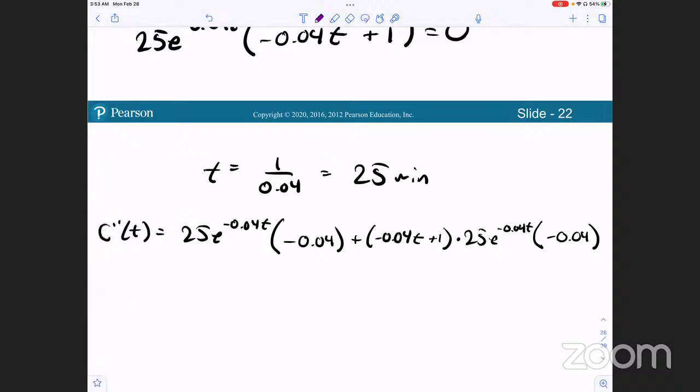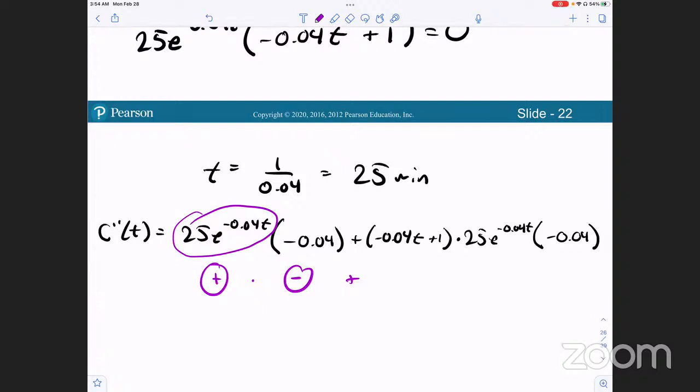If we plug 25 minutes in, this term is 4 over 100 times 25. 4 times 25 is 100, so that's a negative 1, which makes that factor 0.